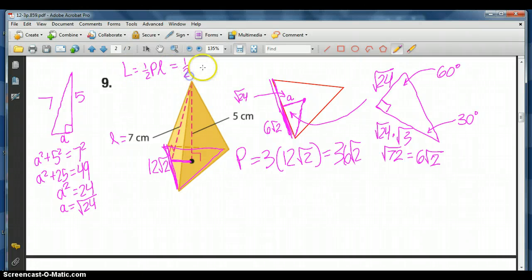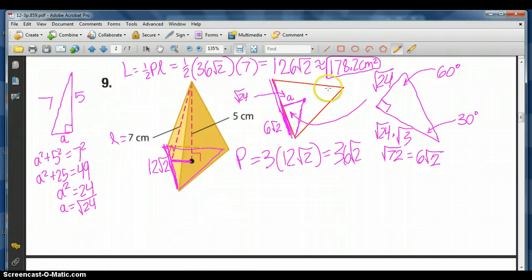So I want half of the perimeter, half of 36 square root of 2, times the slant height, which is 7. So this gives me 126 square root of 2, or approximately 178.2. So I have my lateral area.